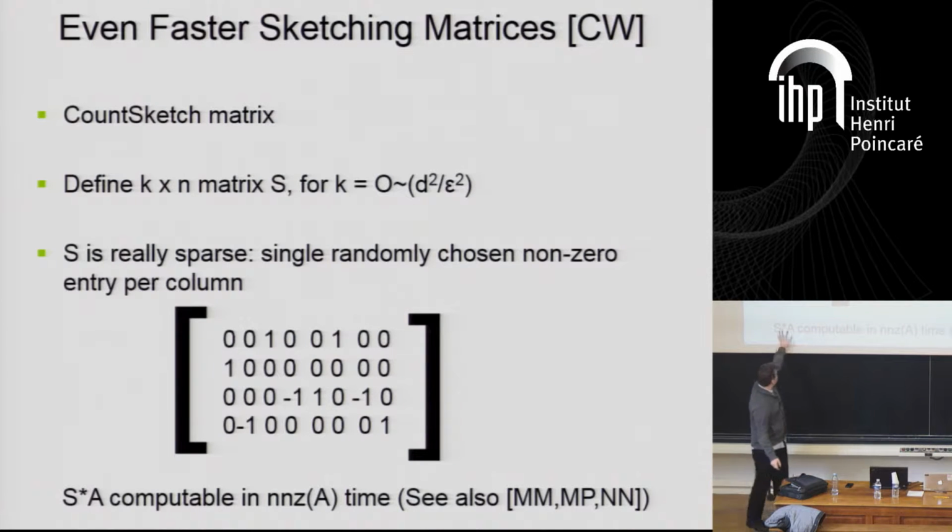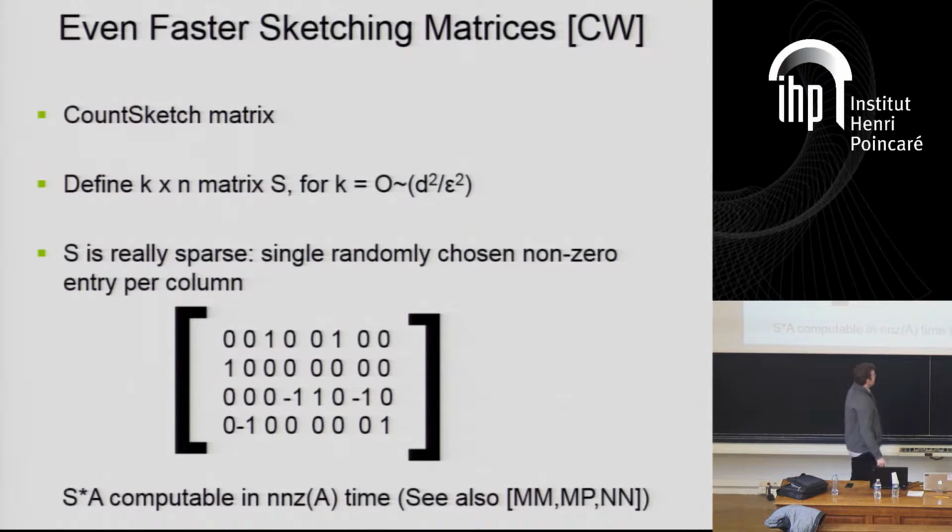Now you can see that S times A is computable in time nnz(A), the number of non-zero entries of A. Why? Because each non-zero entry of A corresponds to a column of S, and there's only a single non-zero entry in that column. So it's much faster.